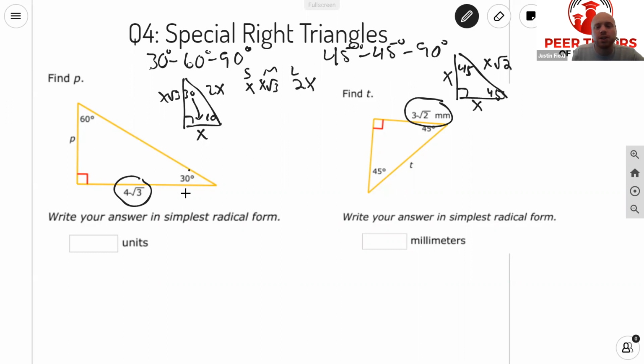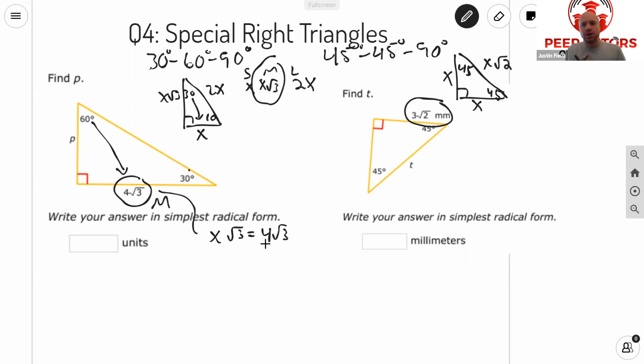Next step, which side do we have? Well, this is across from the medium angle, so it's the medium side. Okay, so that formula here is x √3. So we know that x √3 equals 4 √3.